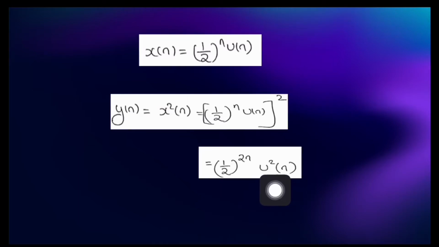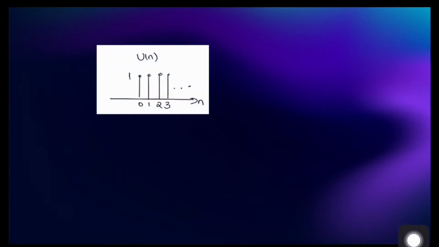It's nothing but unit step sequence. Do you know how it is defined? It is defined as 1 for n equal to 0 to infinity and 0 for n less than 0. So, it looks like this.